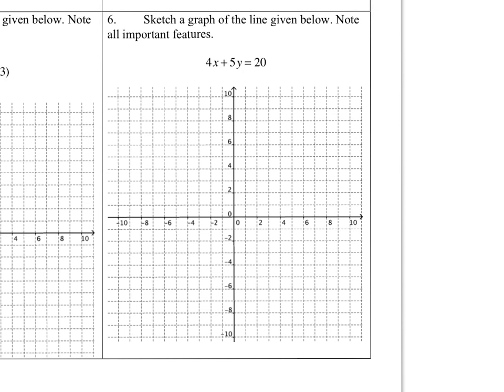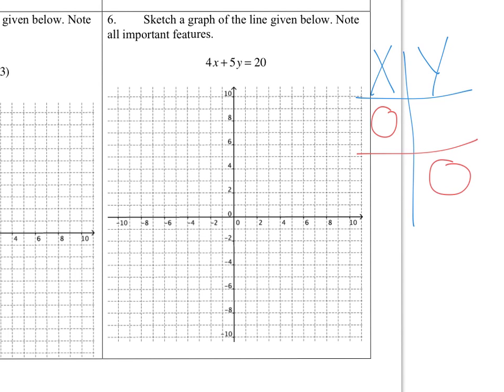Here I'm asked to sketch a graph of a line. I'm given something that looks like it's in standard form. And in standard form, the fastest way that we can work with this is to make an xy table and find our intercepts by plugging in 0 for x and then 0 for y. So if I've got 4 times 0 plus 5y is equal to 20, well, the first part goes away, and I've got 5 times the number is 20.